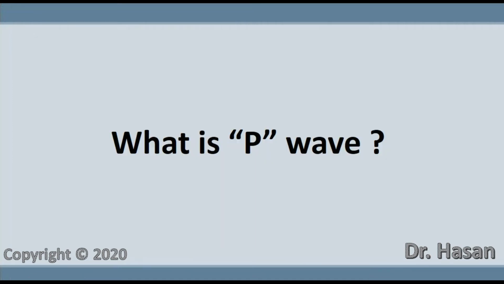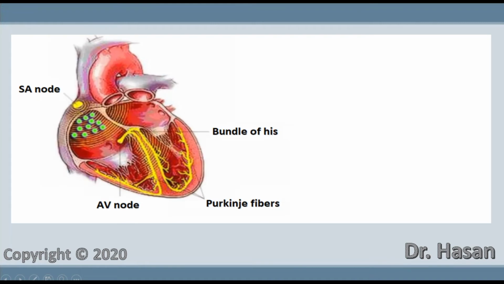What is the P wave? Let's return to the first chapter or the video on the conduction system of the heart and recall that the excitation starts in the sinoatrial node and is immediately transmitted to the right atrium, exciting it. The green circles on the figure below represent the excitation of the right atrium.